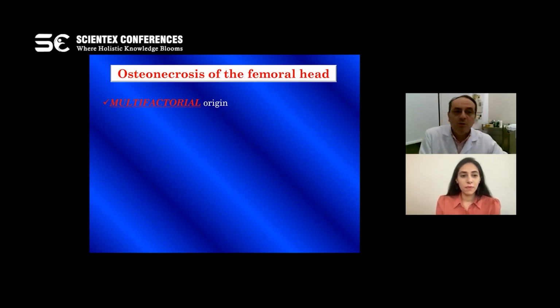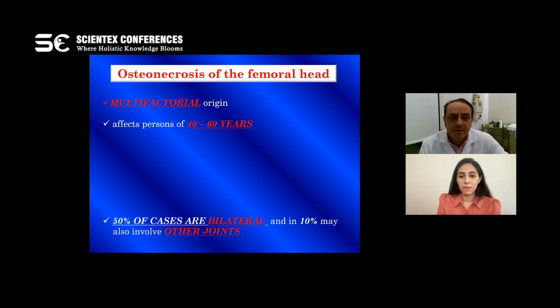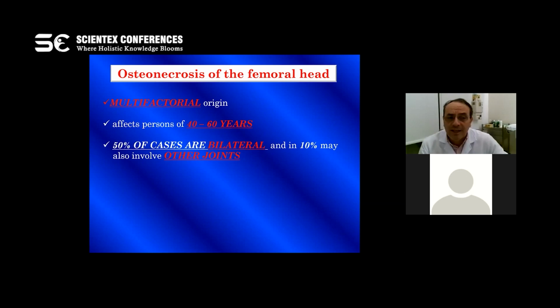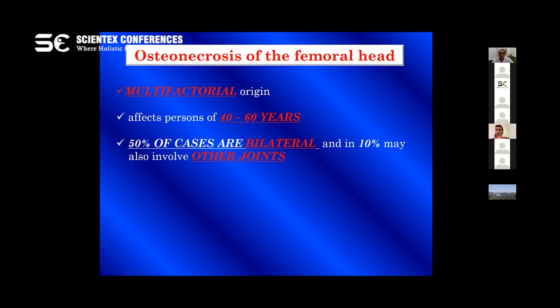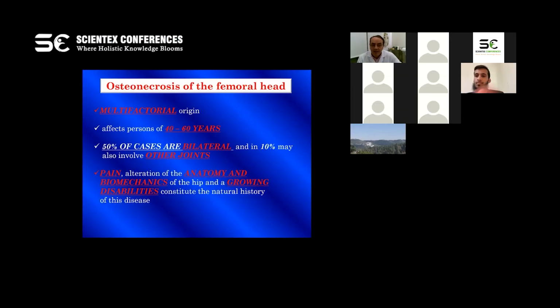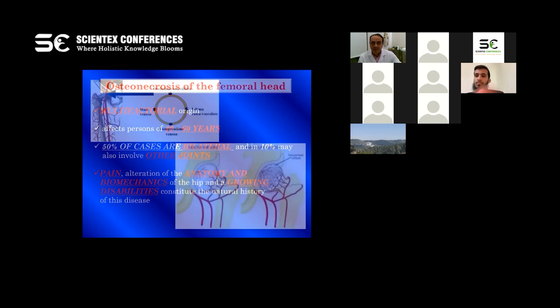It has a multifactorial origin. It affects people of 40 to 60 years, 50% of the cases are bilateral, and in 10% it may also involve other joints. Pain, alteration of the anatomy and biomechanics of the hip, and growing disability constitute the natural history of this disease.